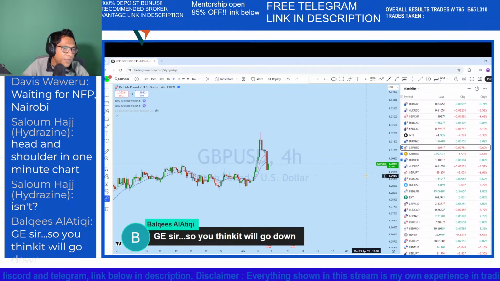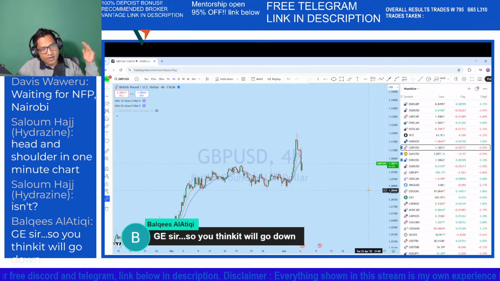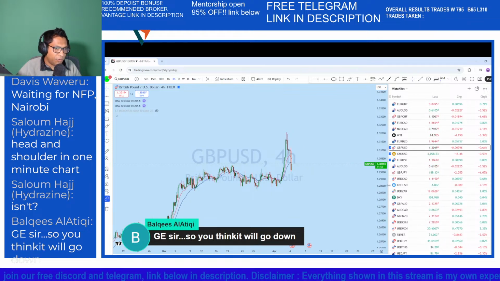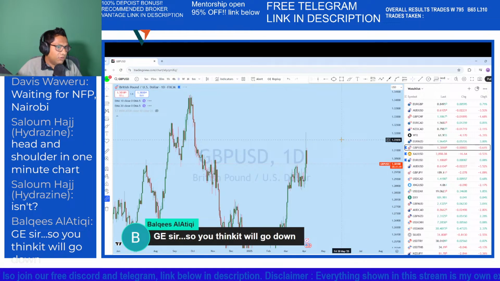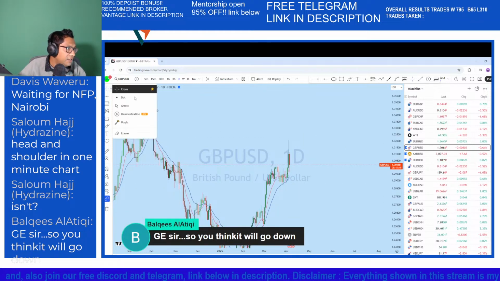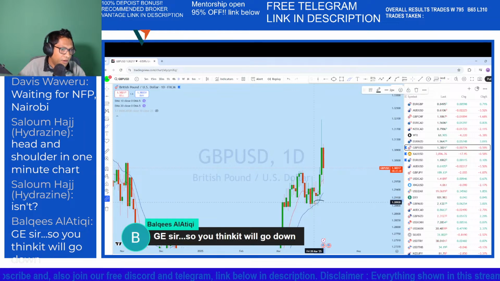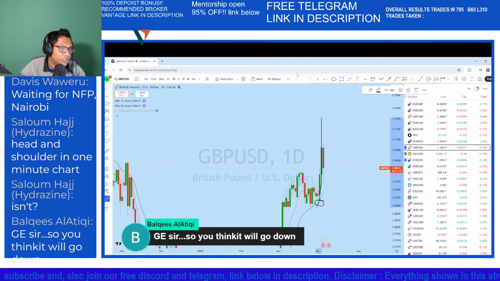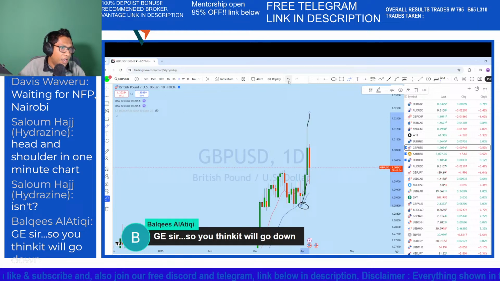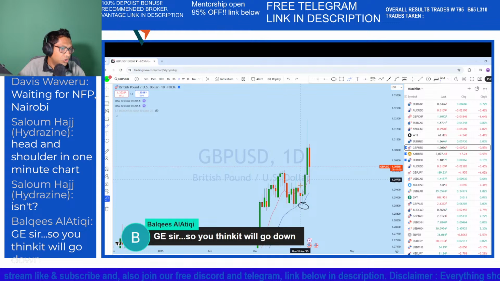So let's see what's happening with this one, as on British pound US dollar there was a huge daily bounce earlier, and with that daily bounce we can see from here a strong bounce, and from here the price so far dropped in that direction.